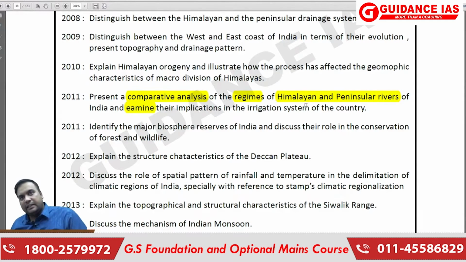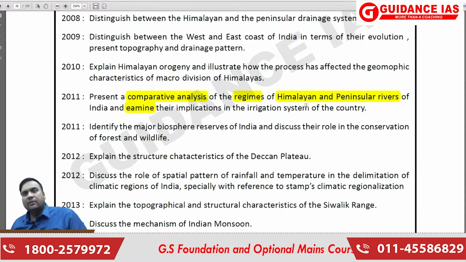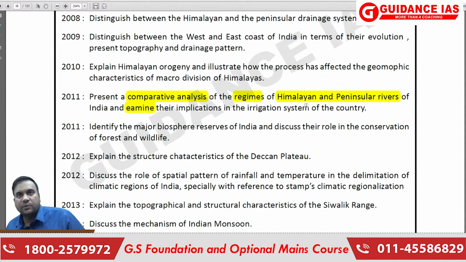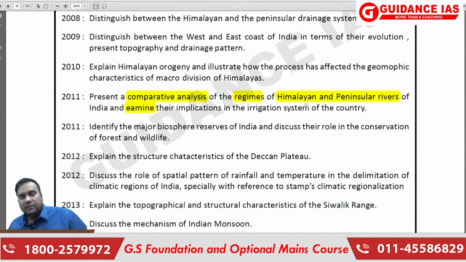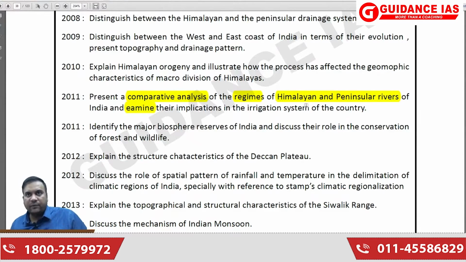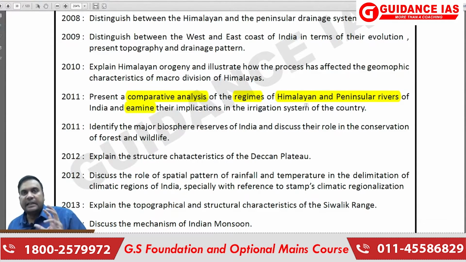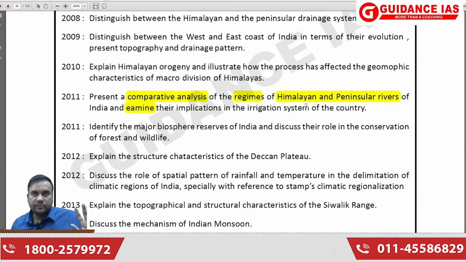Even while correcting this part, I found that there were only a handful of students who actually wrote beside the physical factors affecting the irrigation system of the country. Okay. So see what makes that difference. It is identifying the keywords.